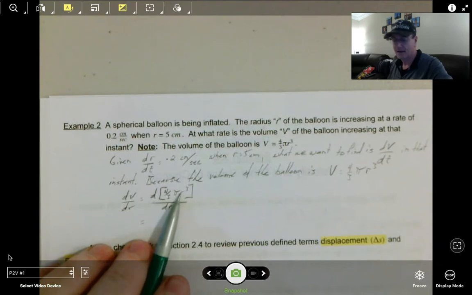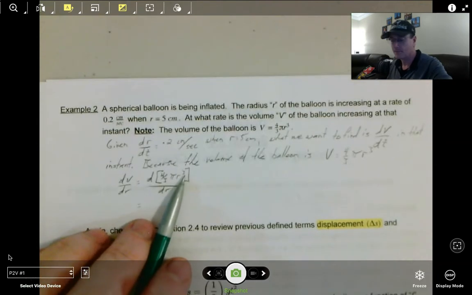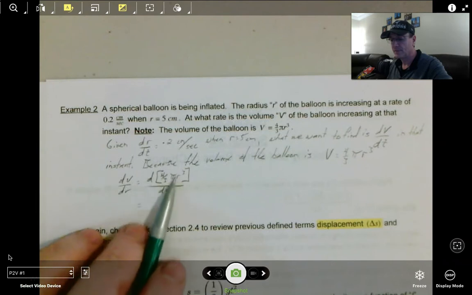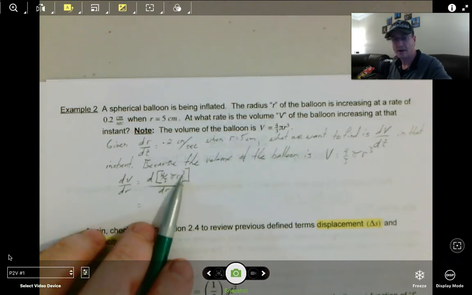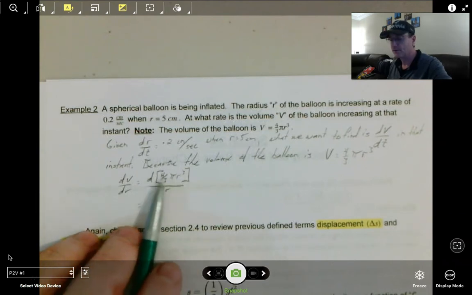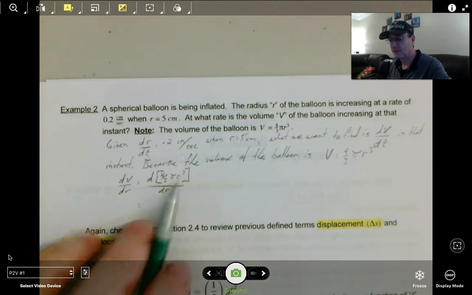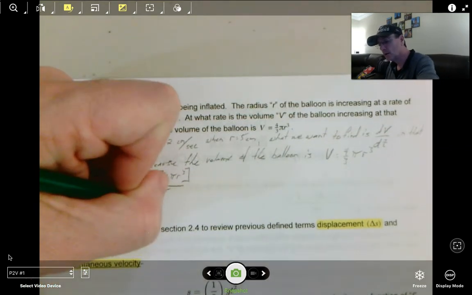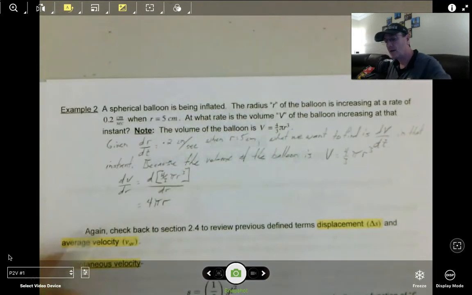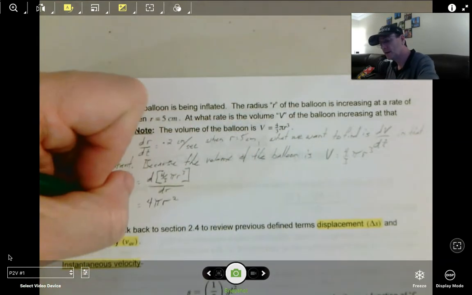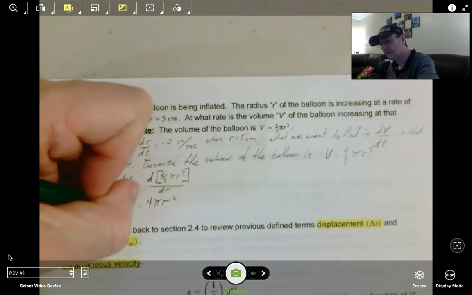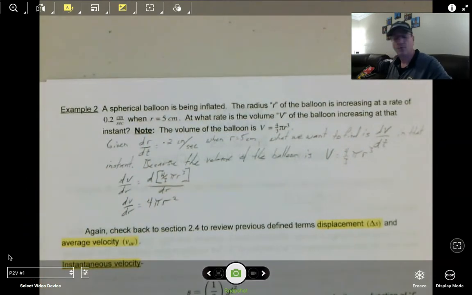The variable is raised to the third power. Take that 3, multiply it by the coefficient, and then subtract 1 from the exponent. So 4/3 times 3 is just 4, pi r, 3 minus 1 is 2. So dV/dr is 4 pi r squared.